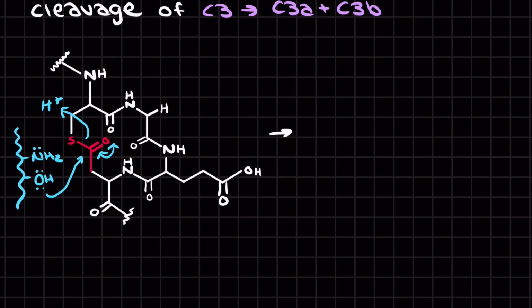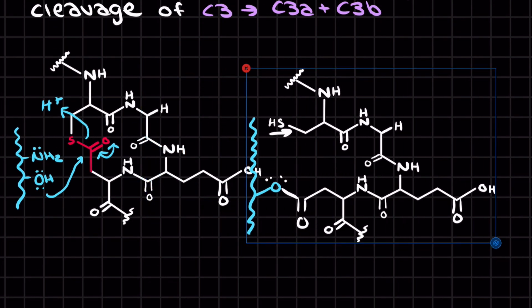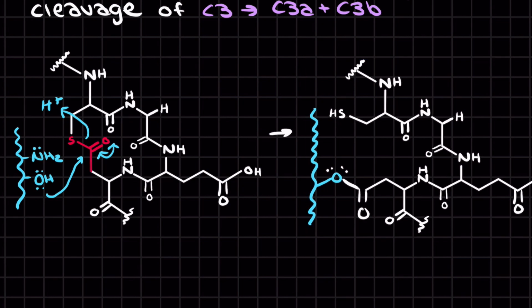This leads to the creation of this kind of structure. And now the C3b is adhered to the surface of the microbe. However, we can also, at the same time, if we just need a nucleophile strong enough to attack the carbonyl carbon, then we don't actually need a hydroxyl group from a surface.